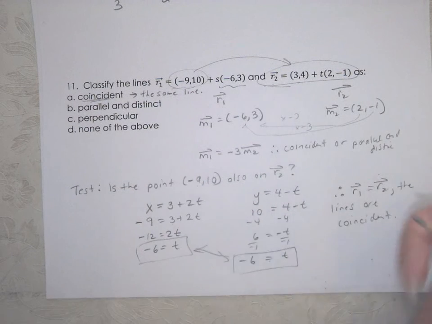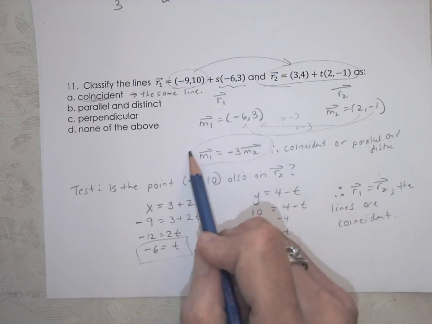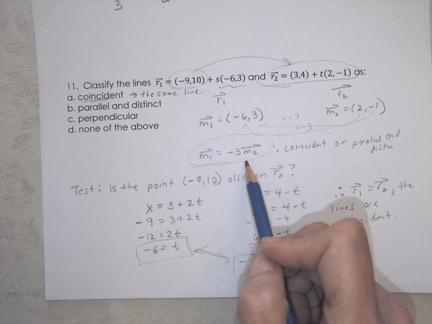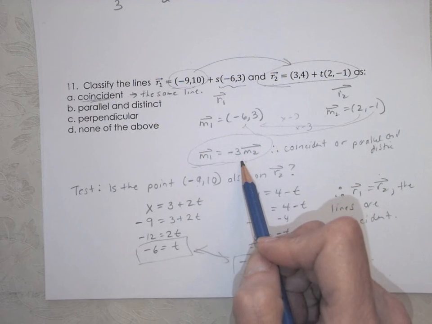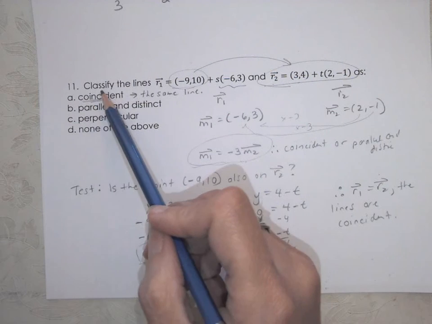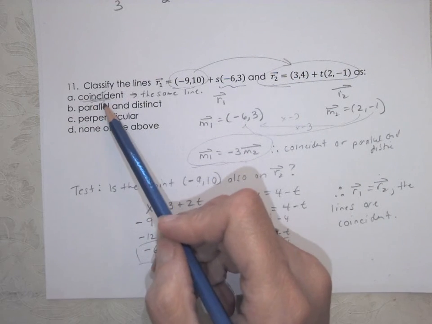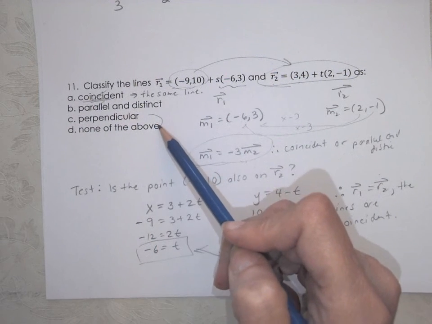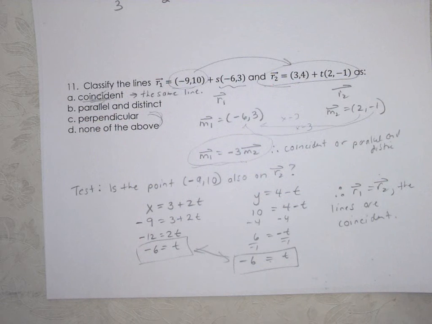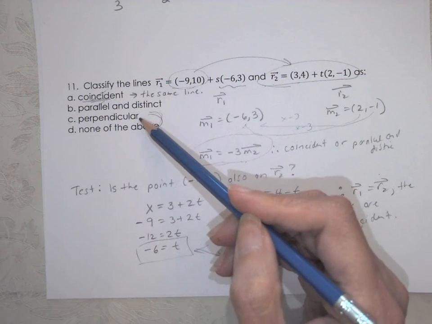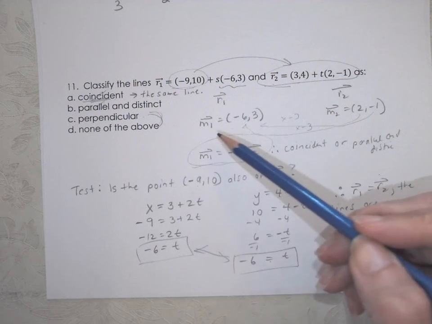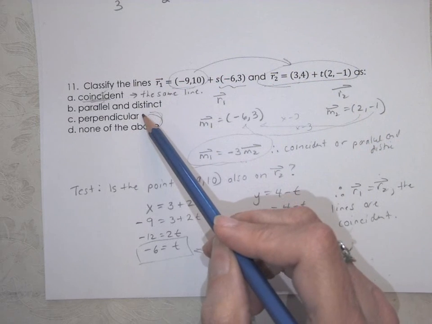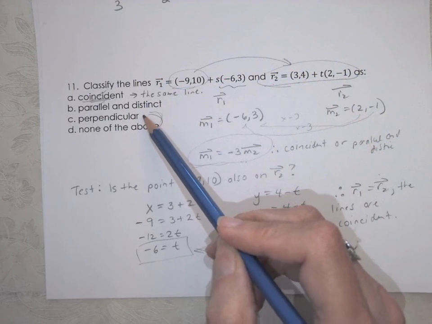Okay? Now, say that these direction vectors had not been scalar multiples of each other, so the lines weren't parallel, then we could immediately cross off coincident and parallel and distinct as possibilities, and we're left with either perpendicular or none of the above as our two possibilities. Perpendicular: the dot product of the directions would have to be 0 for the lines to be perpendicular, so remember that.